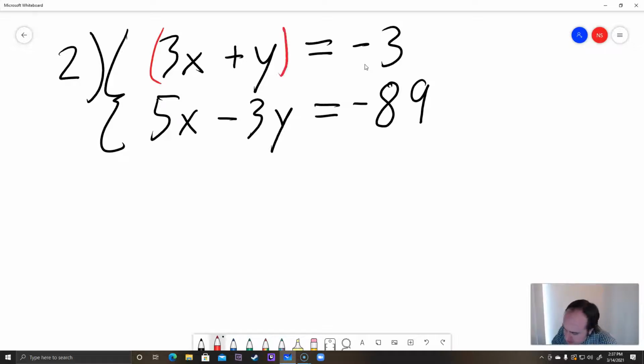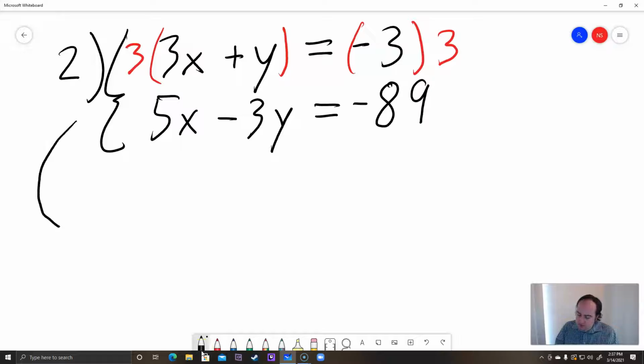So we're going to multiply the top equation. Now you have to do it on both sides because it's an equation. Multiply both sides of the top equation by 3, and then this whole thing is transformed. So now the top equation, if we distribute the 3, we get 3 times 3x is 9x, and then 3 times y is 3y.